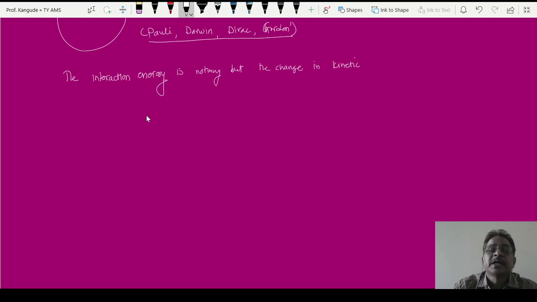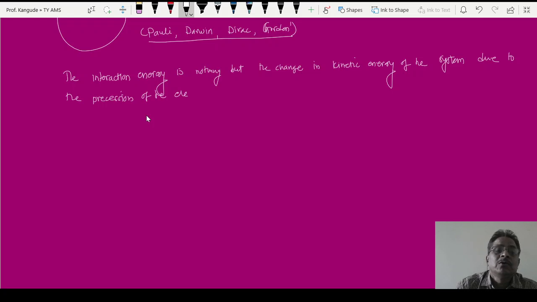So the spin orbit interaction gives a change in kinetic energy of the system due to the precession of the electron around the field.